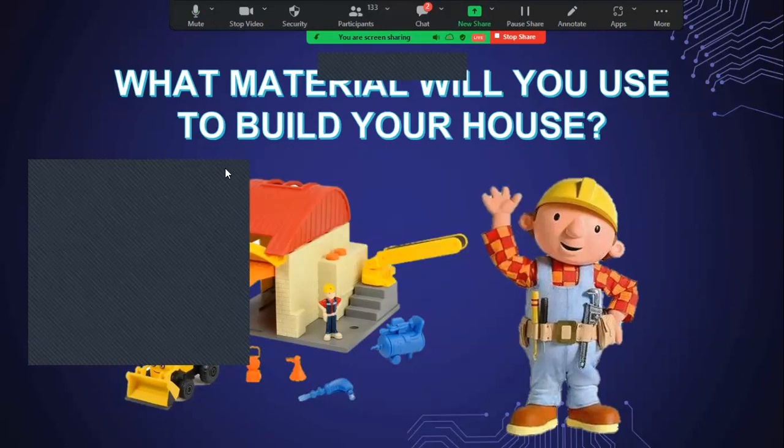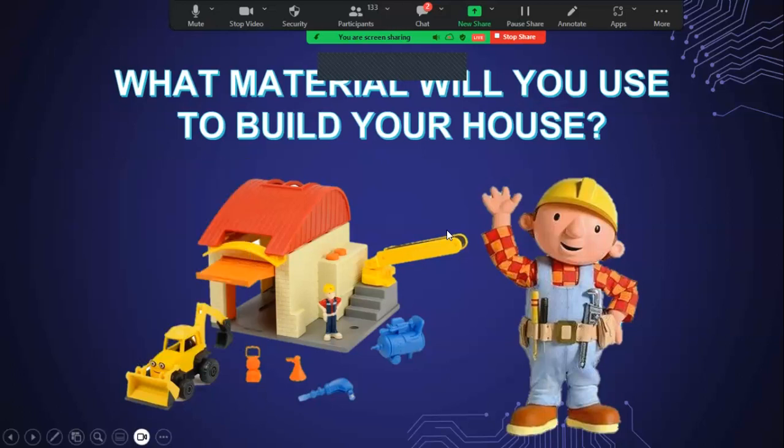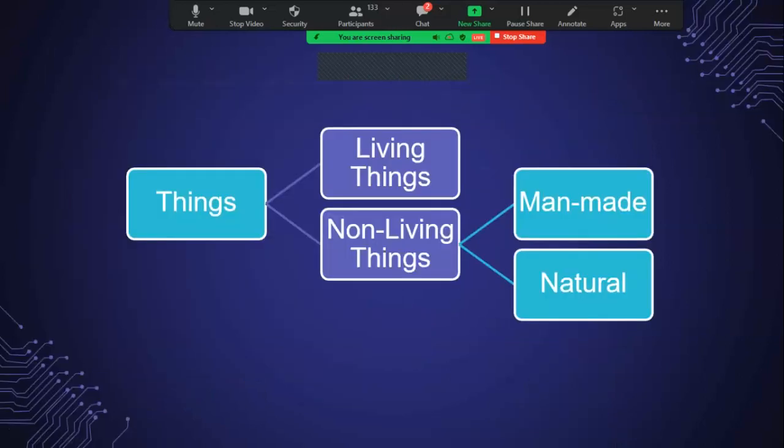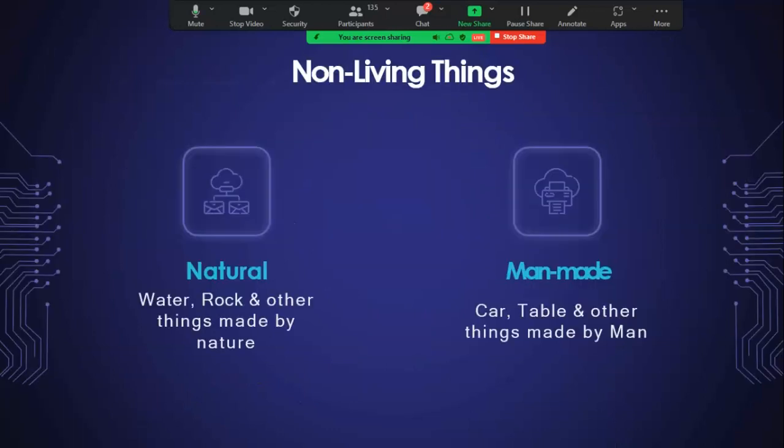All right. So let's carry on the lesson. So things, we know that we categorize them into living things and non-living things, and non-living things are further categorized into man-made or natural. Today we look into these two types of non-living things.